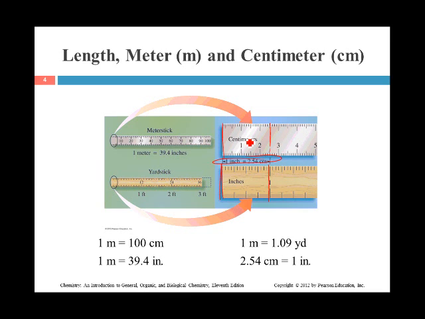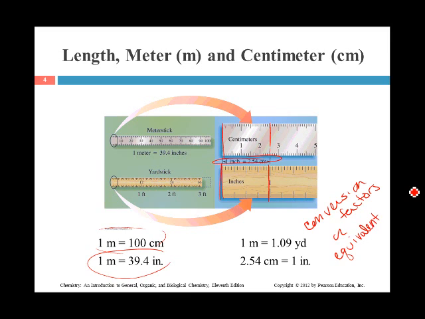But these are called conversion factors, or equivalences. So we can start using those when we start doing conversions, which will be during the next lecture. It's something equal to something else. So that's why 1 inch is 2.54 centimeters.